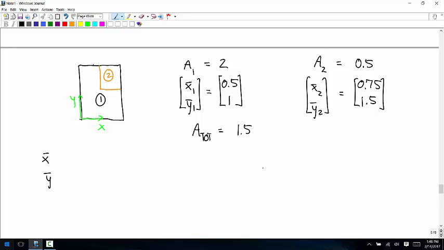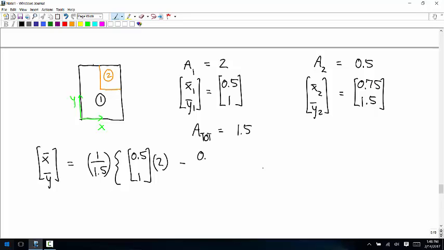And then the centroid is 1 over 1.5 times the centroid of piece 1, so that's 0.5, 1, times its area, 2, minus the centroid of piece 2 times its area, 0.75, 1.5 times 0.5.